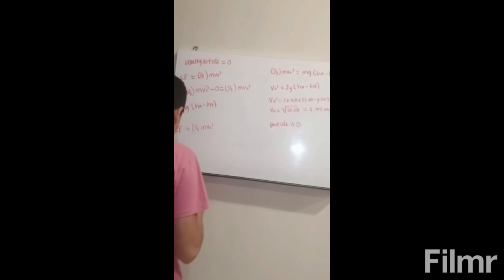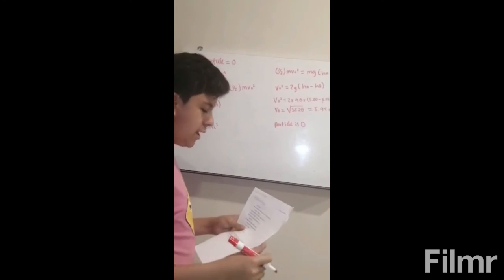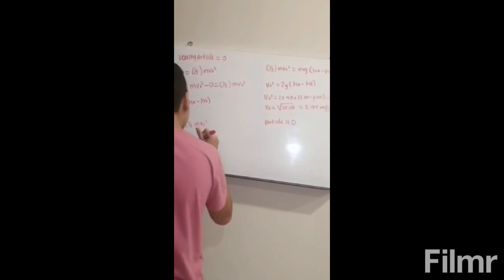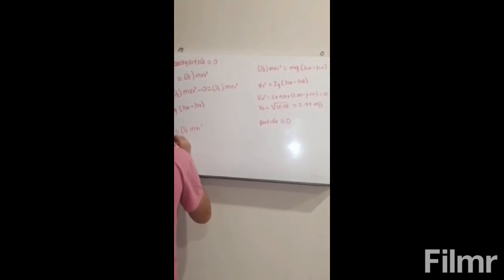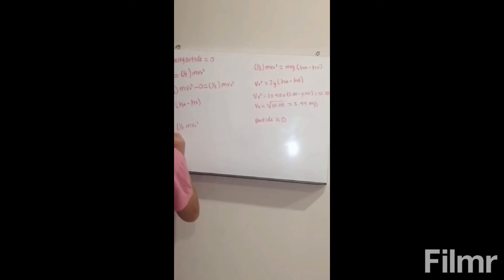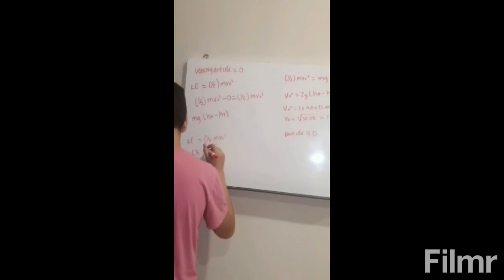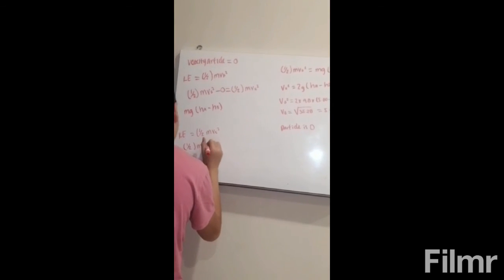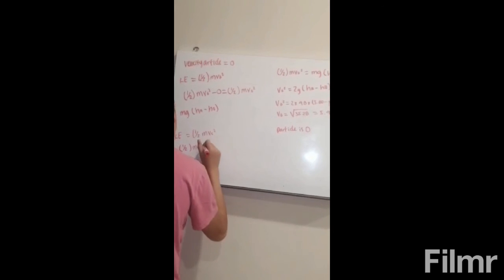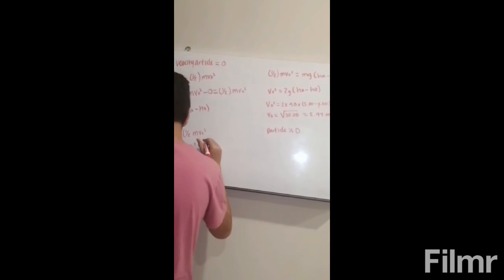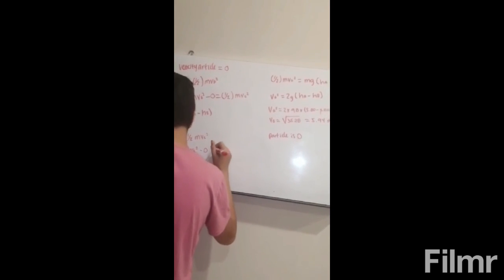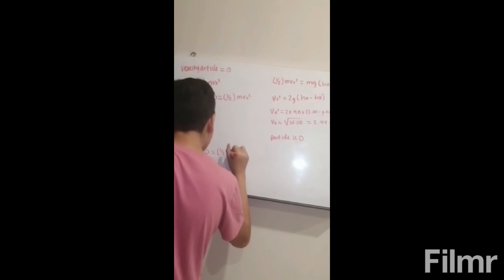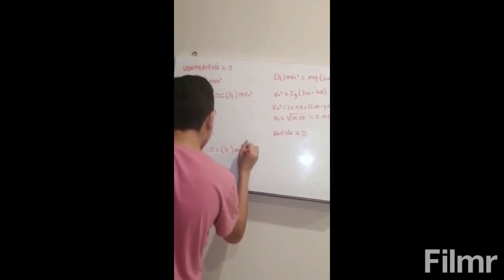mvC squared. Hence, as the particle goes from A to C, the gain in kinetic energy will be 1/2 mvC squared minus 0, equals 1/2 mvC squared.